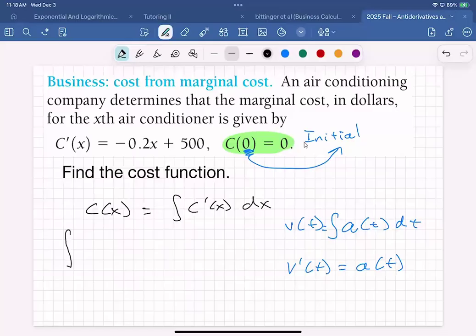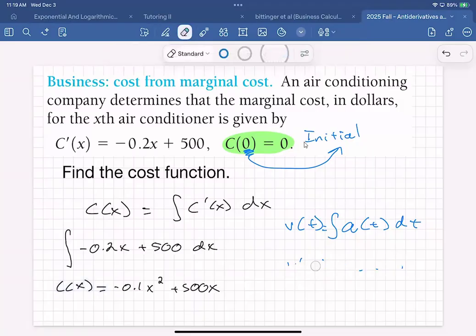Now, the one reason I definitely wanted to go over this one is, when I go through this problem, what can I not forget with my antiderivative?